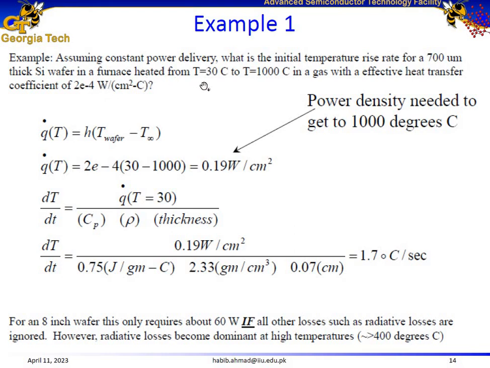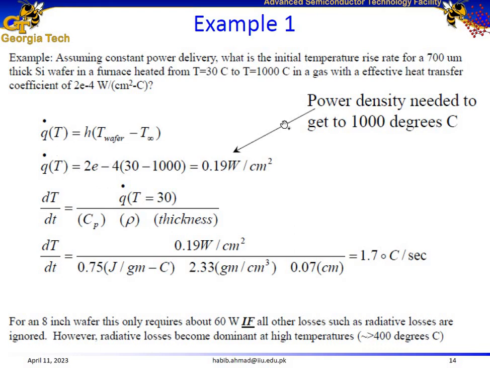In a furnace heated from an initial temperature of 30 degrees C to a final temperature of 1000 degrees C with an effective heat transfer coefficient of 2 times 10 to the power minus 4 watt per centimeter square degree C. It's given in degree C over here. So the temperatures are given in degree C, and the effective heat transfer coefficient is also given in degree C.